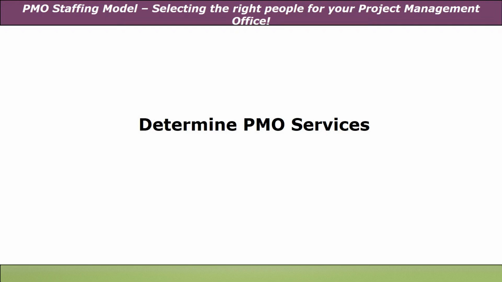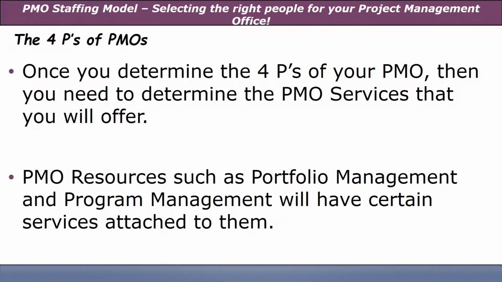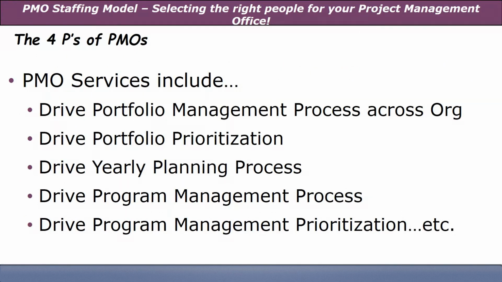The next step in this process is determining your PMO services. Once you determine the 4 P's of your PMO, then you determine the PMO services that you'll offer. PMO resources such as portfolio management, program management will have certain services attached to them. They could include portfolio management process across the org, portfolio prioritization, yearly planning processes, program management prioritization.